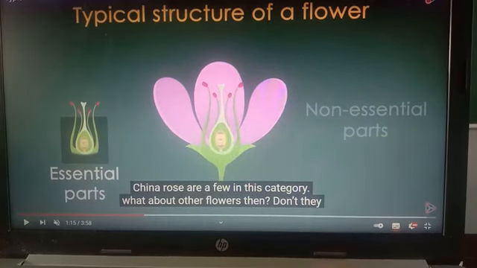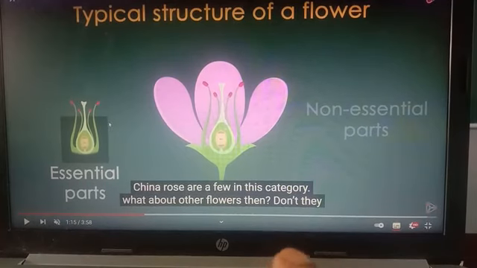Okay, so these are the structures of the essential part. The essential parts that participate in the process of fertilization contain the stamen and the pistil.